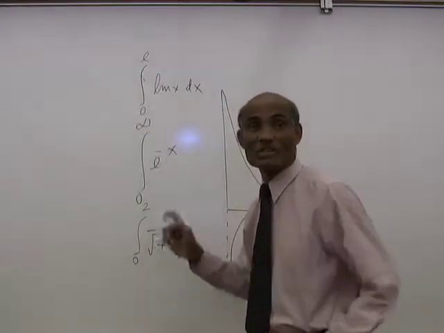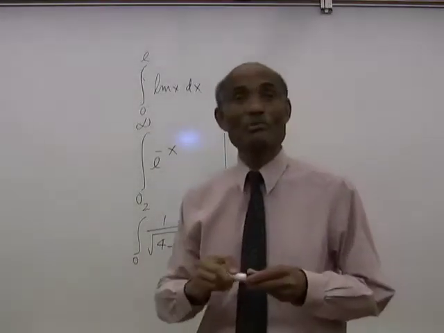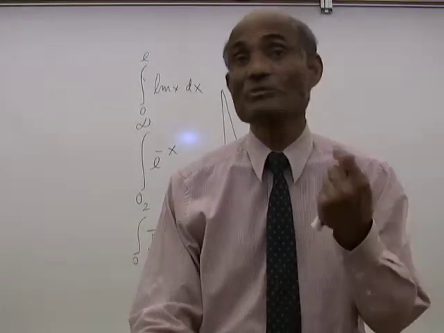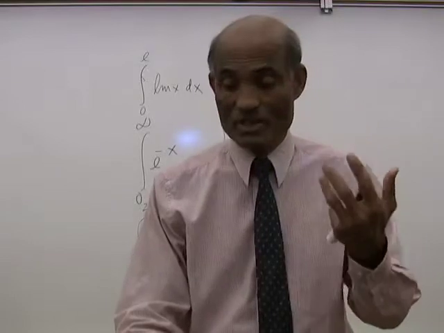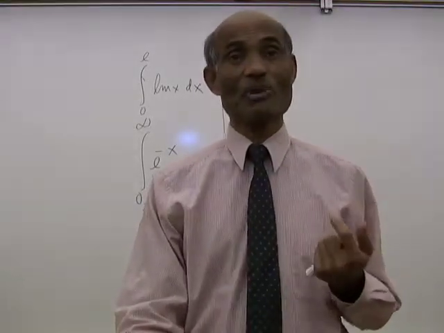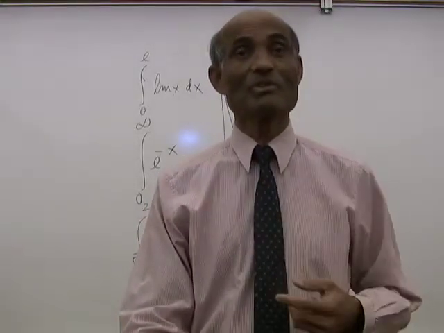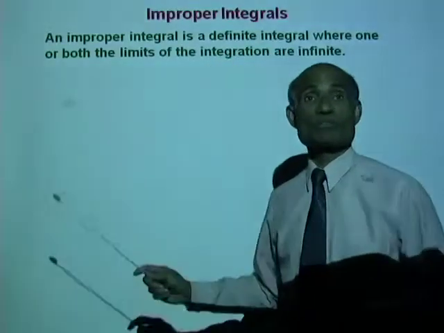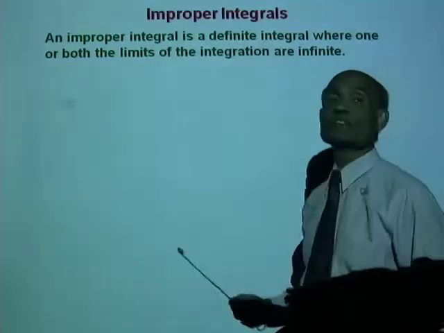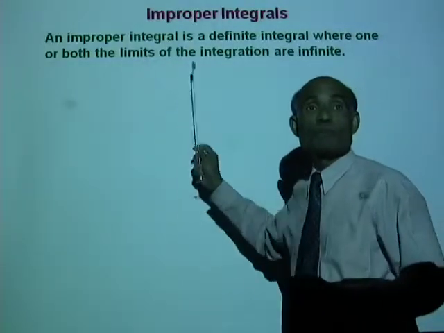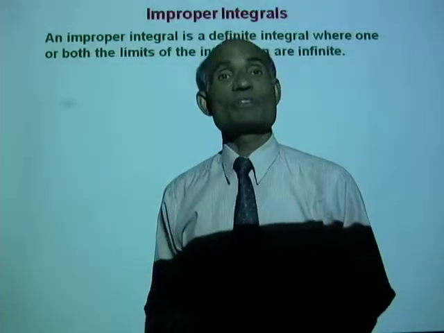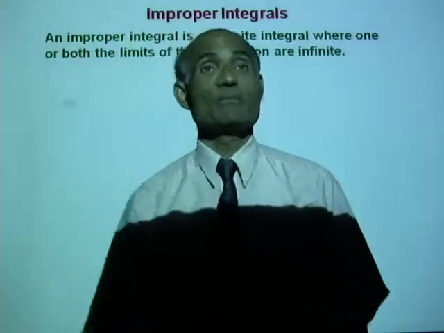So you have several types of improper integrals. We're going to look at these kinds of integrals and how to evaluate them. A method to evaluate such improper integrals is what we will discuss today. One form of an improper integral is a definite integral where one or both limits of integration are infinite.